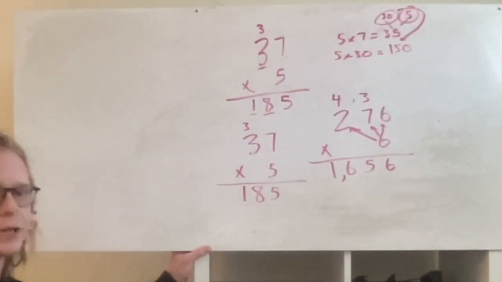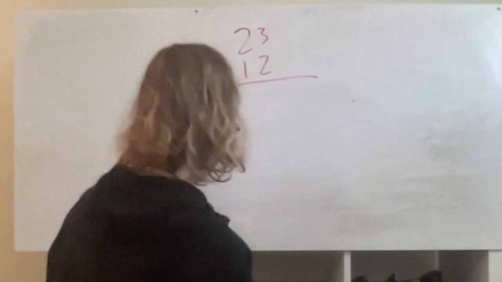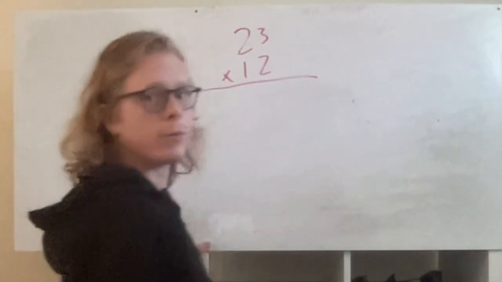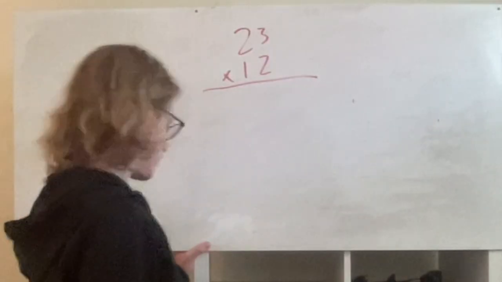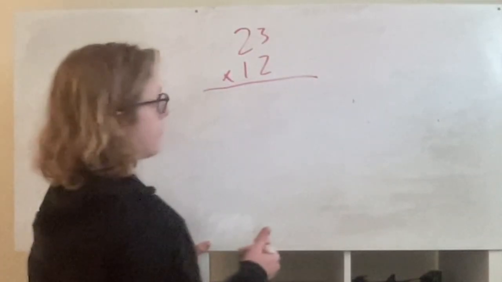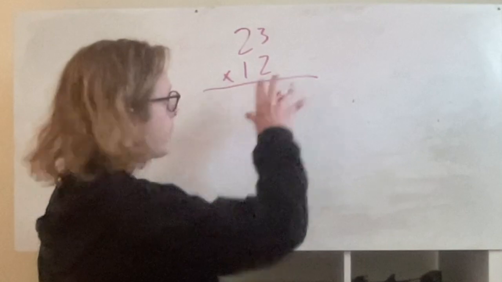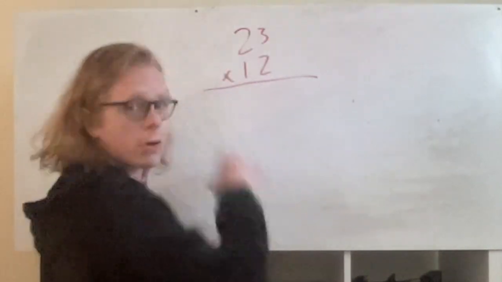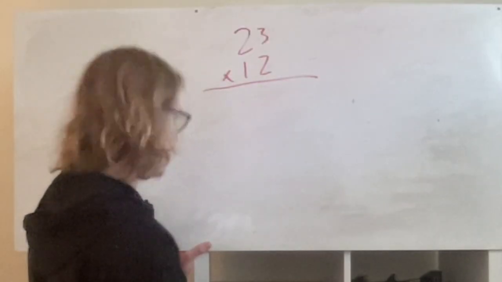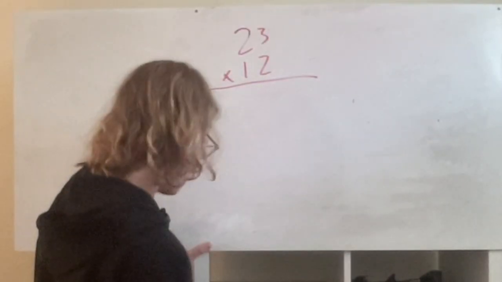Okay, the next thing that we're going to look at is what happens if I'm multiplying a 2-digit number by another 2-digit number. So here we have 23 times 12, two-digit numbers being multiplied together. I again want to pause here and think about how we could do this problem mentally or without the algorithm to really then understand what's going on when we do it.